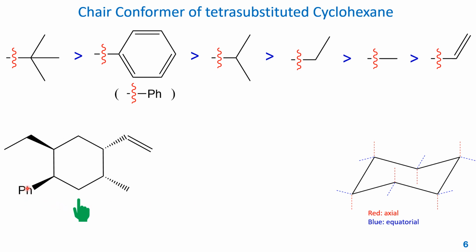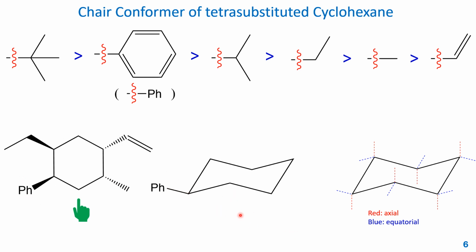Now the phenyl group must be up. If it's up, then I see this position can be used. You could also have the other two choices, but I will draw it here. So first draw the chair, and then the phenyl, which is up and must be equatorial because it is largest. So here must be the phenyl group.